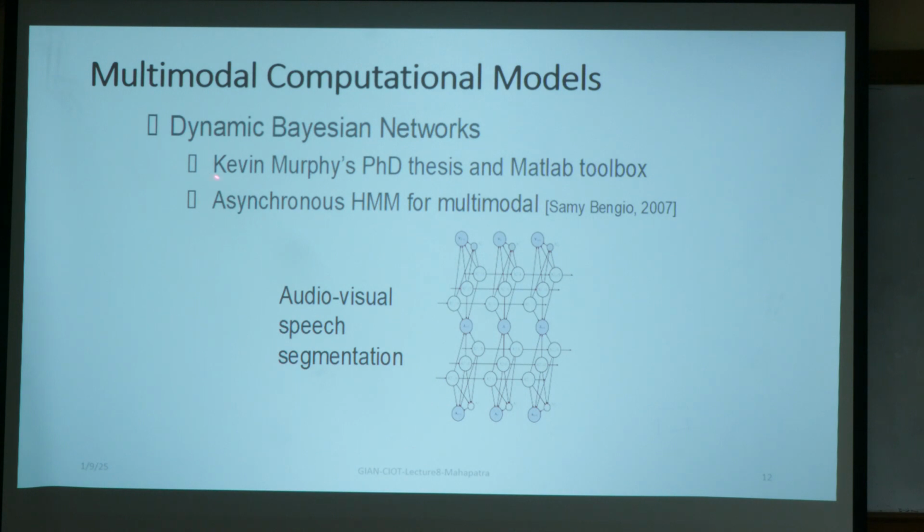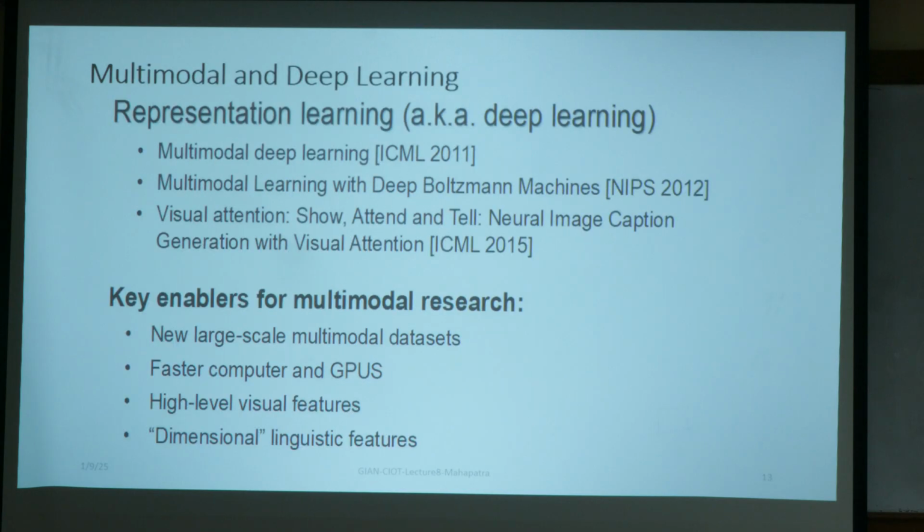There's a reference, if you don't know, it's a very powerful model used in many disciplines. Kevin Murphy's thesis and MATLAB toolbox give very detailed instructions on how to implement things. Then this is an example showing how audiovisual speech segmentation is possible using an artificial neural network. Not that we are solving it, but giving a feel that you can use various models, ANN, CNN, segmentations, as well as dynamic Bayesian networks.